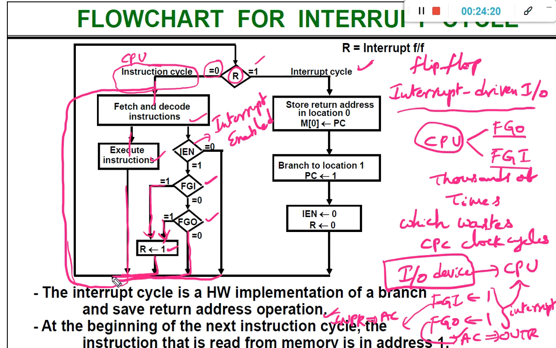And we are going to send this R value through this particular branch to here. Now you can verify that the R value has become 1. Previously it was 0. Whenever it was 0, we perform the normal execution flow. So if it becomes 1, then instead of the instruction cycle, now the CPU needs to perform the interrupt cycle.